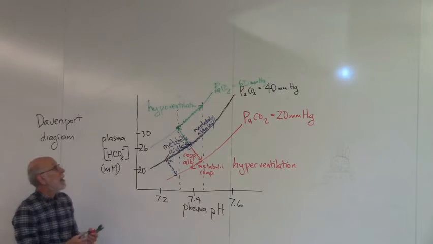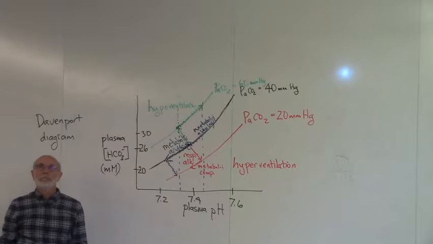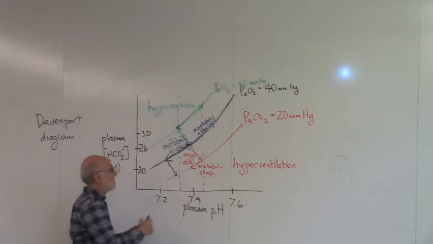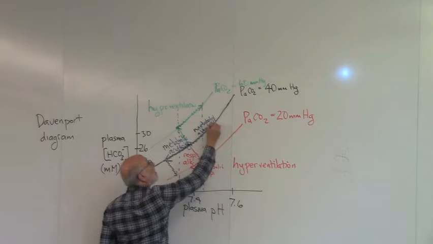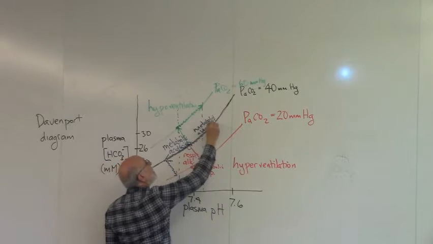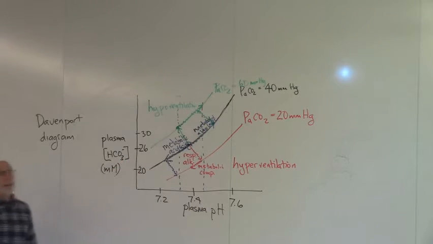And let's go to metabolic alkalosis, kidney disease or excess vomiting. Your body can compensate, so say we go up to here, your body can compensate by hypoventilation.